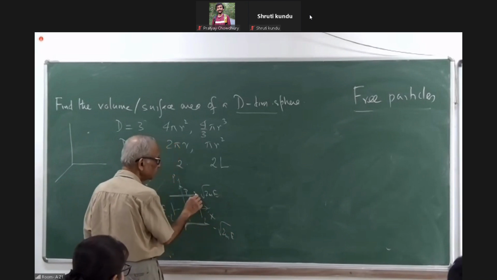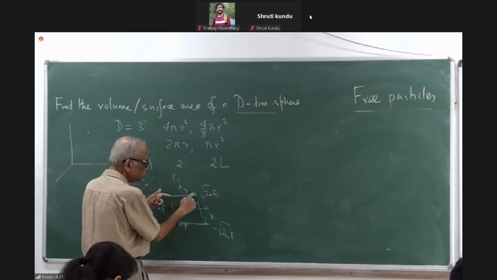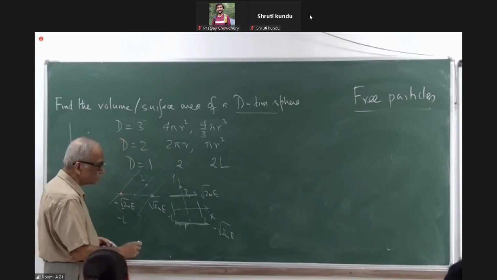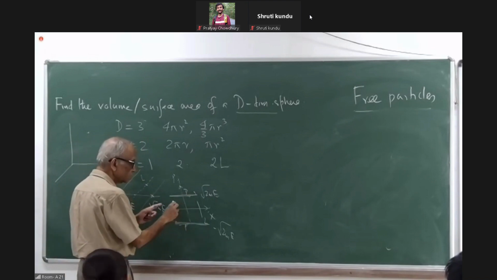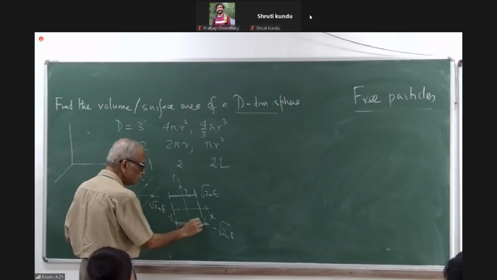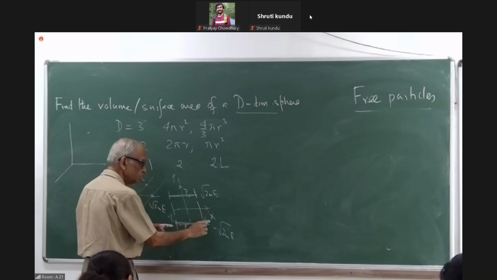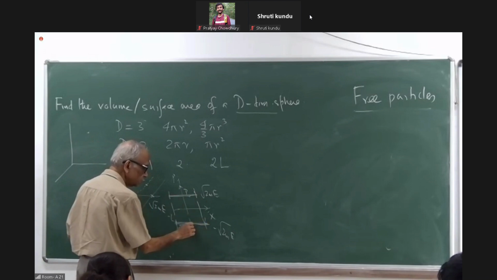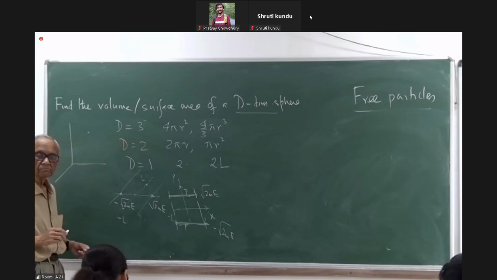So it can either be on this line, or it can be on this line, but the whole line is not accessible. It is only between plus L and minus L, and therefore the trajectory of the particle is limited to this.